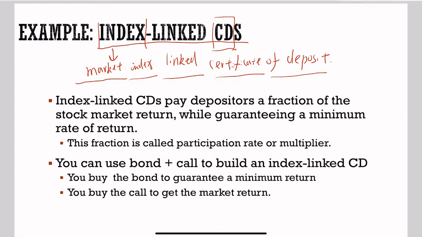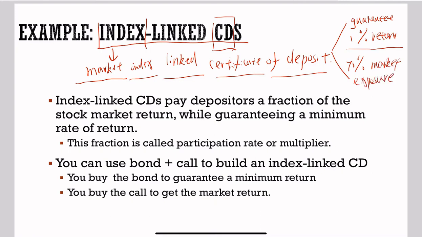So if you look at an index linked CD, maybe it can say something like this. I will guarantee 1% return. So this is guaranteed. That is, no matter what happens, I will give you this minimum 1% return. And then I will give you, let's say, 70% market exposure.